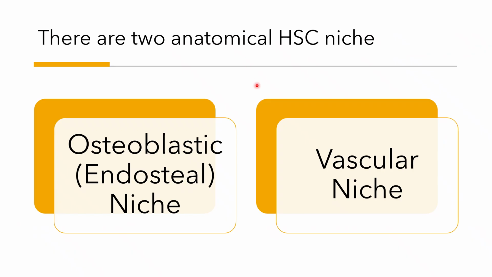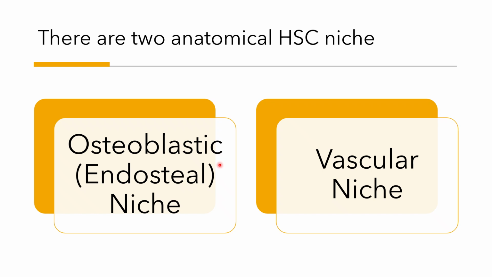So if we proceed further and try to understand what a niche is, HSC is hematopoietic stem cell. So we are talking about the hematopoietic stem cell niche. There are two types of niches. One is the osteoblastic or endosteal niche, and the other one is the vascular niche. Why are we using these words?